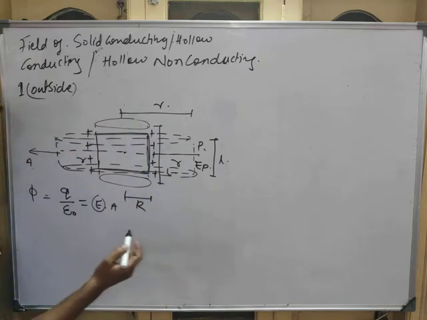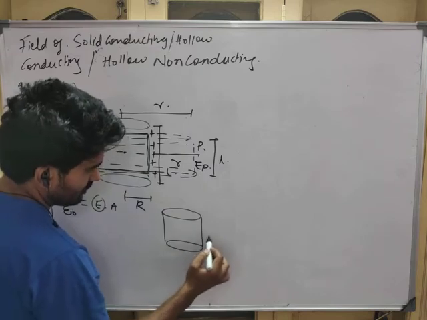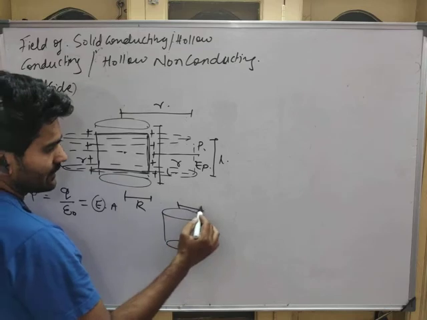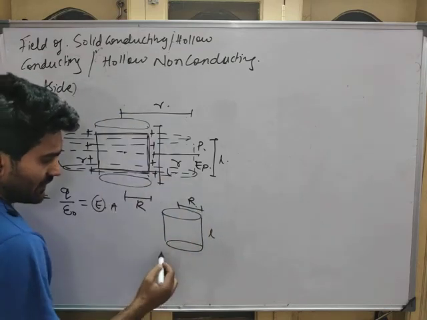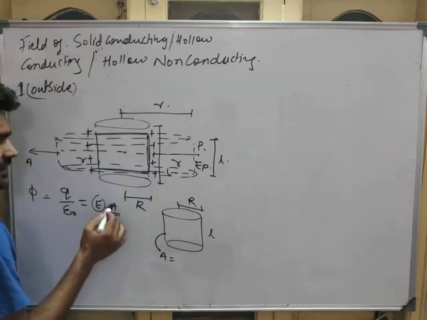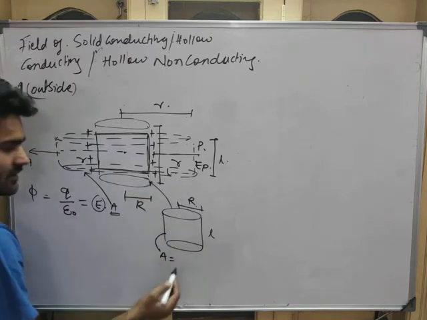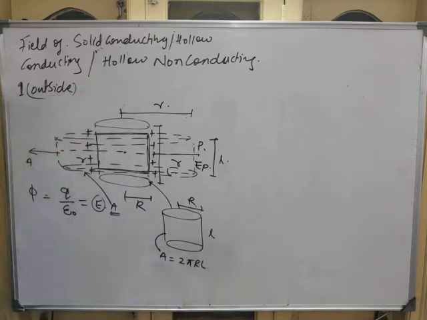So if you take it out, it will become like this, with small length l and radius r. It is the origin. So this area is different and this area is different. This area is of this and this area is of this one, right? So the area will become 2 pi r l, right?